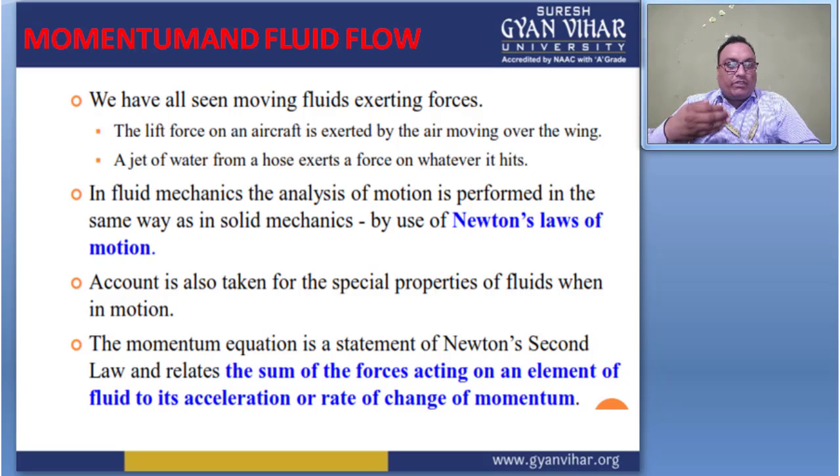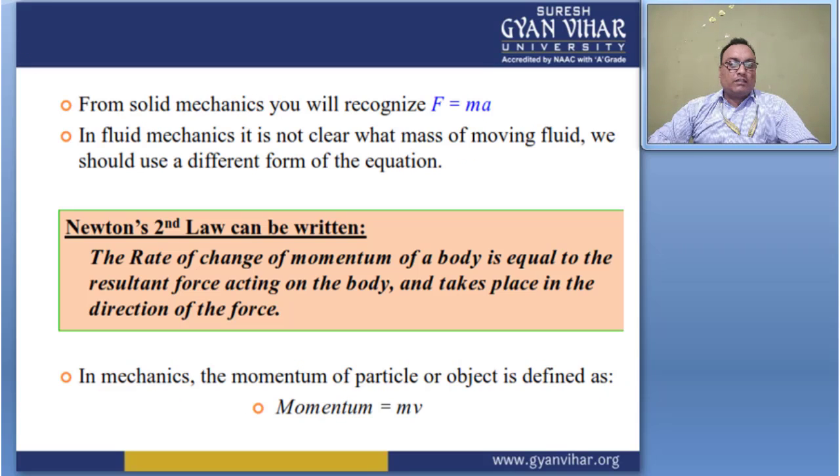Mass into velocity gives the momentum of this fluid element. So here we are considering F equal to ma. This is Newton's second law, and in fluid mechanics it is not clear what the mass of moving fluid is, but a continuum of this fluid.